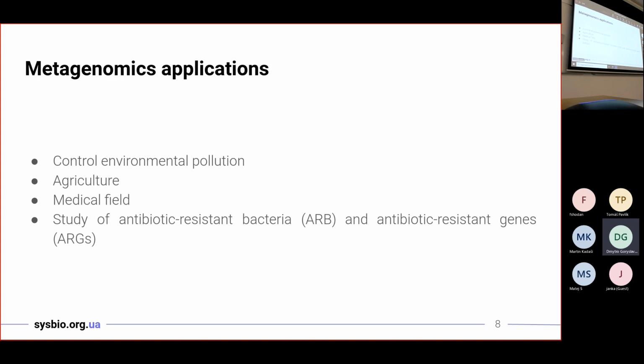It can be used to monitor environmental pollution, to investigate soil microbiomes to provide some profit for agriculture, and in the medical field. There is also an important study of genes that help bacteria to be resistant to antibiotics.